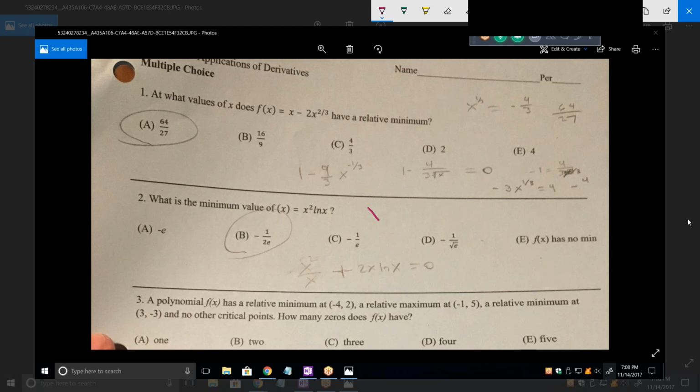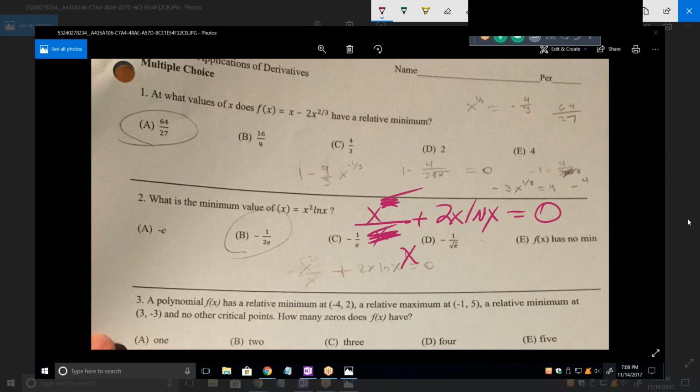Yes, we did. Got x squared times the derivative of log of x, which is that, plus 2x natural log of x. That becomes that. We set it equal to 0.